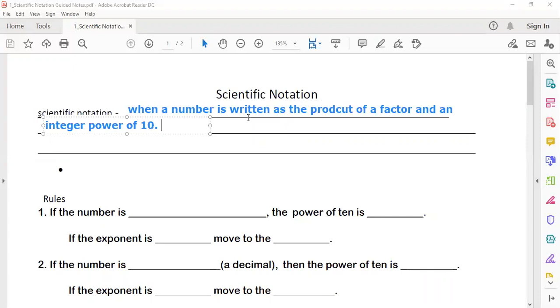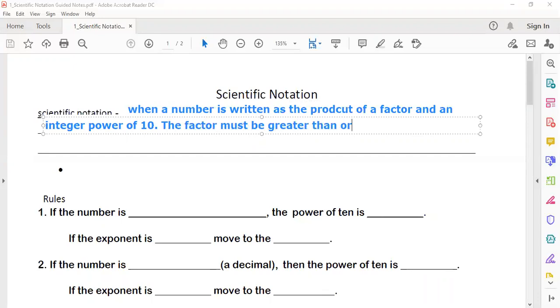All right, this is a long definition. Integer power of 10. The factor must be greater than or equal to 1 and less than 10.